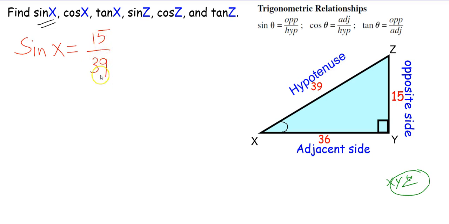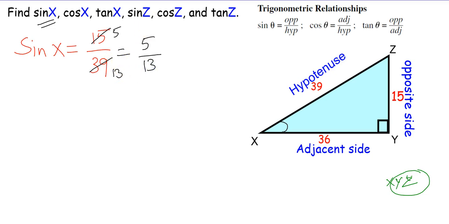We have to write this fraction in the simplest form. So I can simplify and rewrite it: 3 divides 15 five times, and 3 divides 39 thirteen times, so it is 5 over 13.